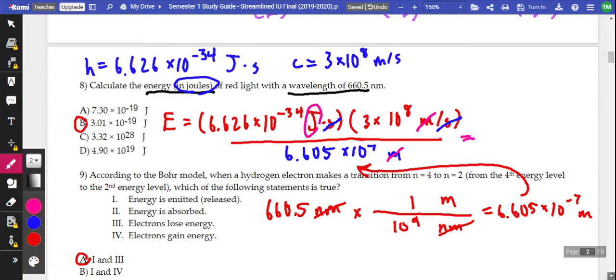So let's do 6.626 times 10 to the negative 34th, times 3 times 10 to the 8th power, divided by, and again make sure you keep this whole thing in parentheses, 6.605 times 10 to the negative 7th.